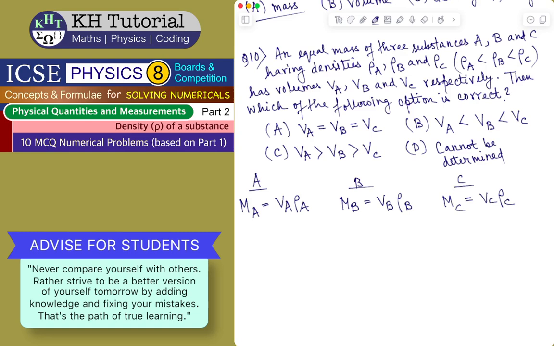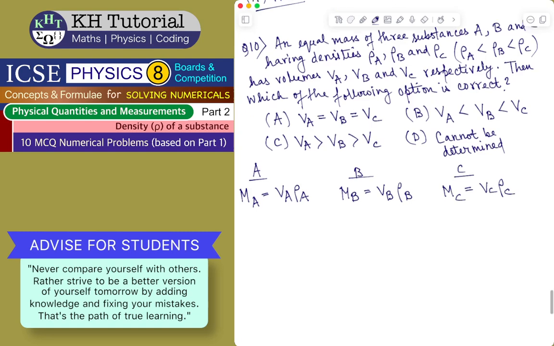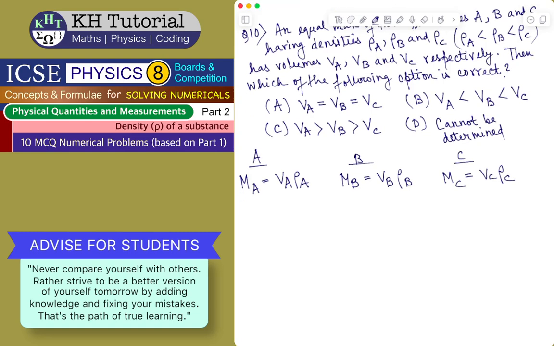Okay. Now, I have to find out how the volumes are related. Now, the key concept is that all the substances A, B, and C have equal mass. That is, we know that Ma is equal to Mb is equal to Mc.